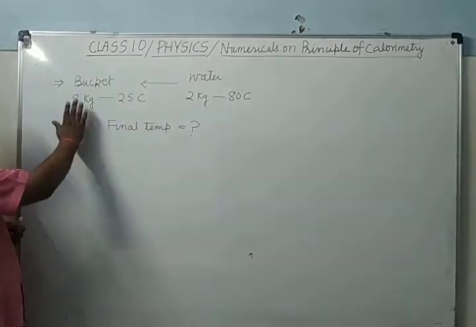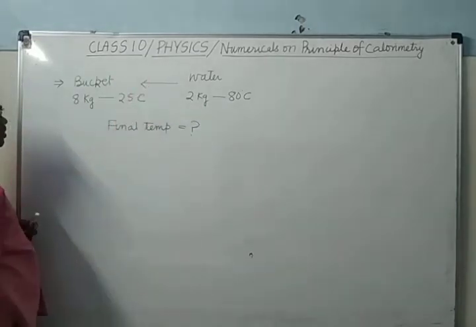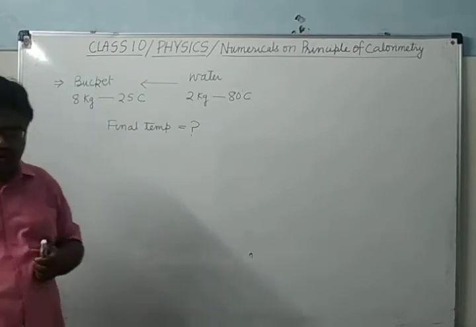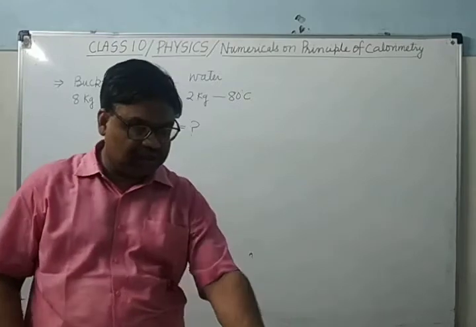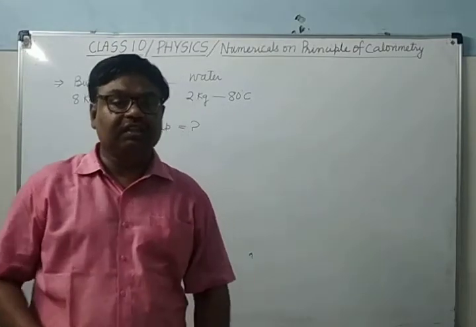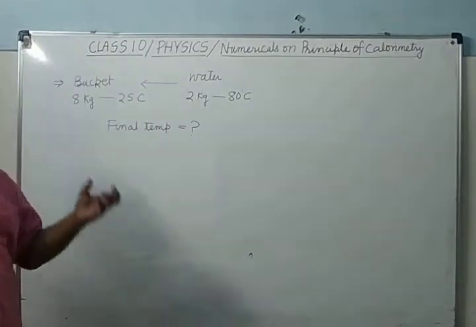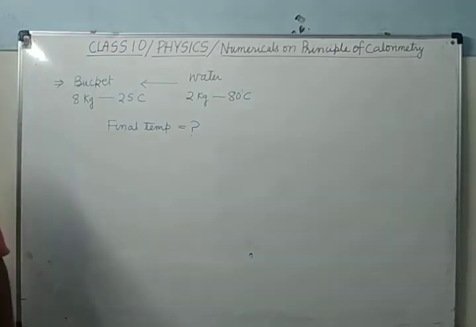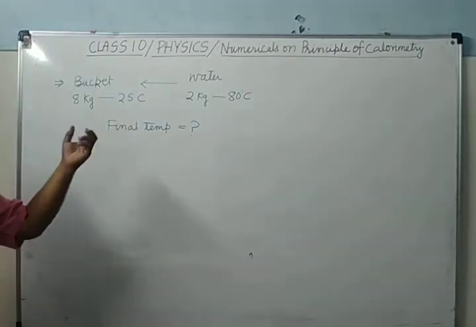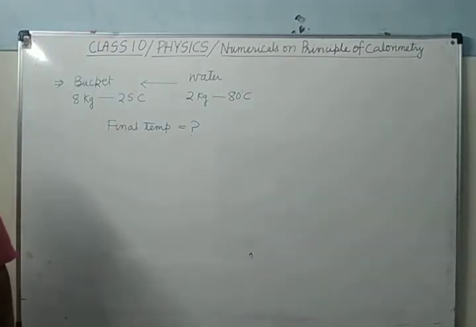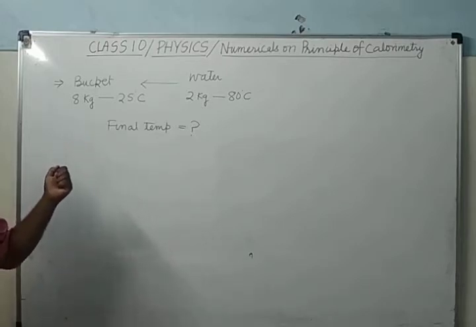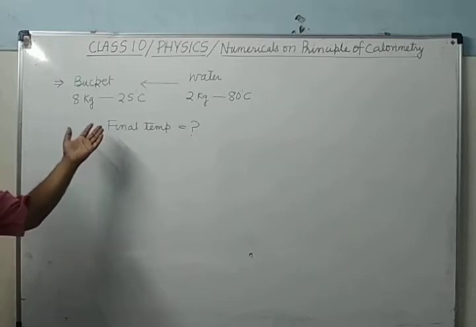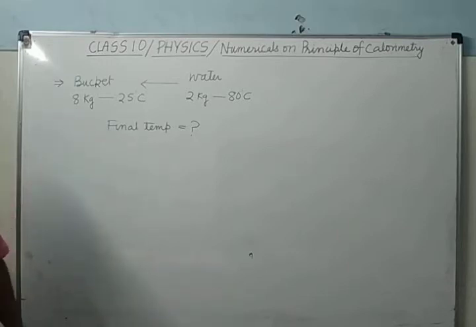Its temperature will rise and its temperature will fall. So from the principle of calorimetry, since the water in the bucket is at low temperature while the water which is poured is at higher temperature, the water which is poured will lose the heat energy and the water in the bucket will gain the heat energy.